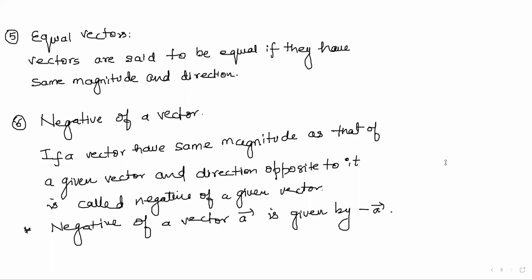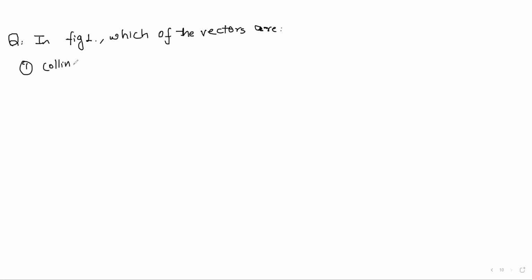Now everyone, please try this question. In figure 1, which of the vectors are first collinear, second equal, and third coinitial?